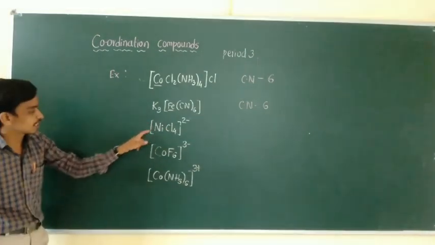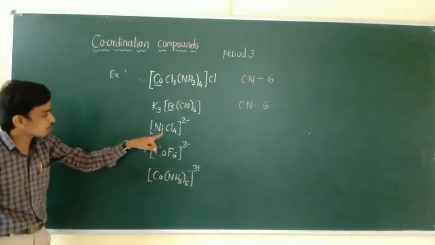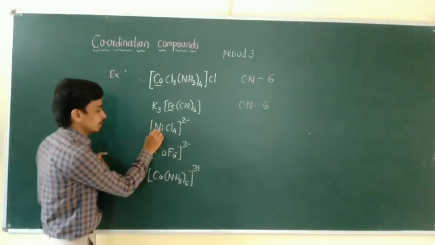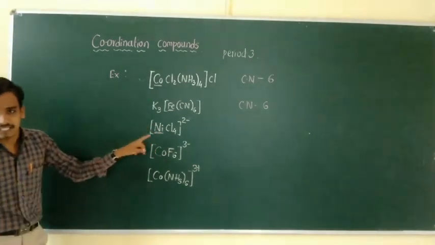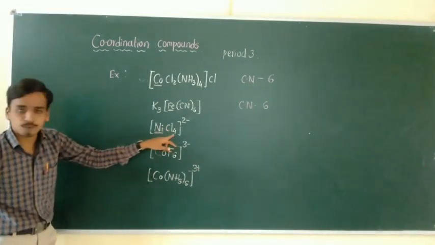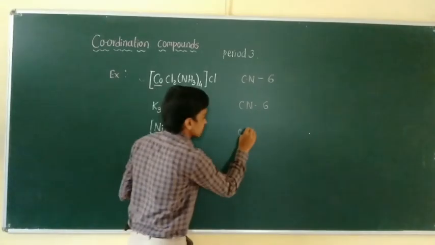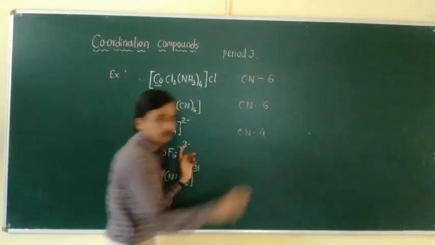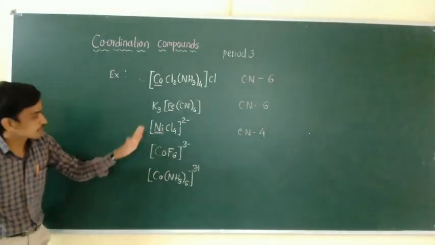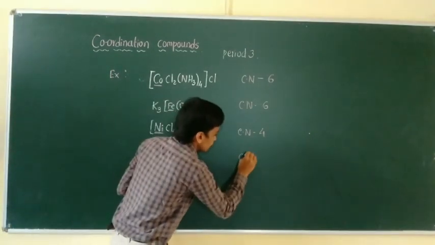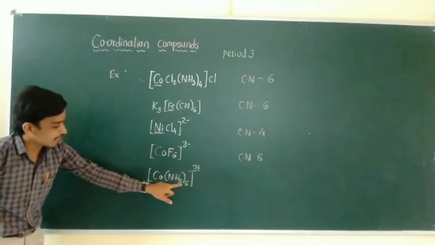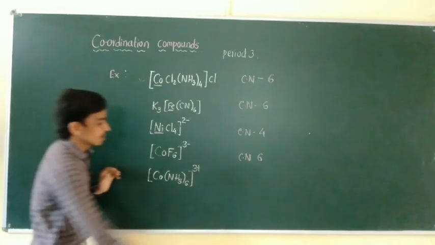Just concentrate on the square bracket, the coordination sphere. In this coordination sphere, identify the central metal atom, which is the d block element nickel, and the remaining things are 4 chlorine ions. So its coordination number is 4. Similarly, for the cobalt example, it is again 6. And for another example, [Co(NH3)6], the coordination number is again 6.